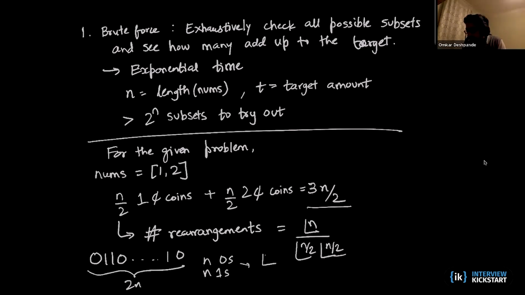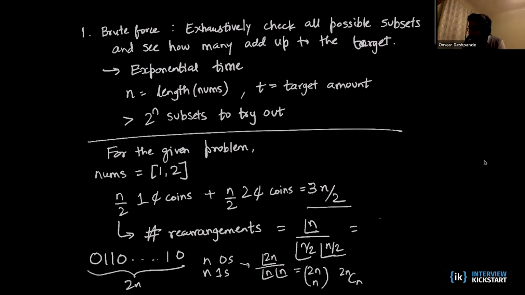Well, it's going to be factorial 2n divided by factorial n times factorial n, because factorial 2n is what you would have if all of these values were distinct, but n of them happen to be the same, so we divide by factorial n, and the other n also happen to be the same, so we divide further by factorial n. And this value, as you know, is just another way to write 2n choose n.